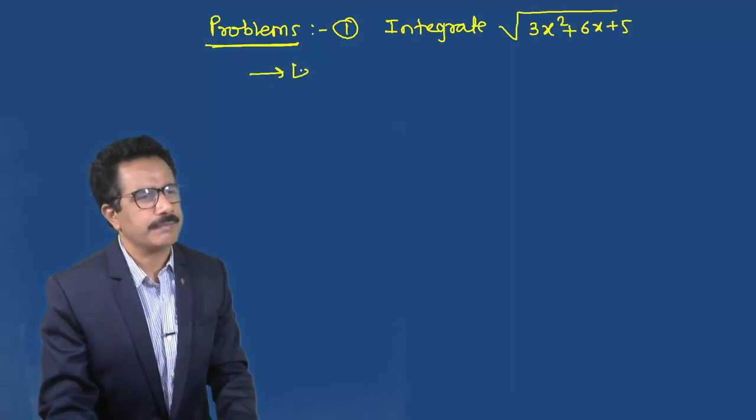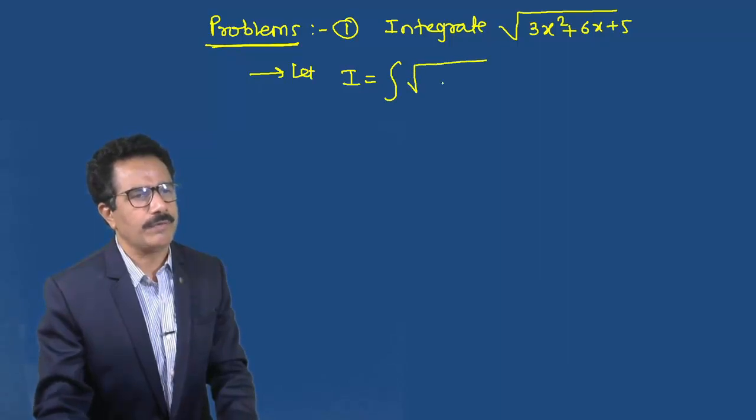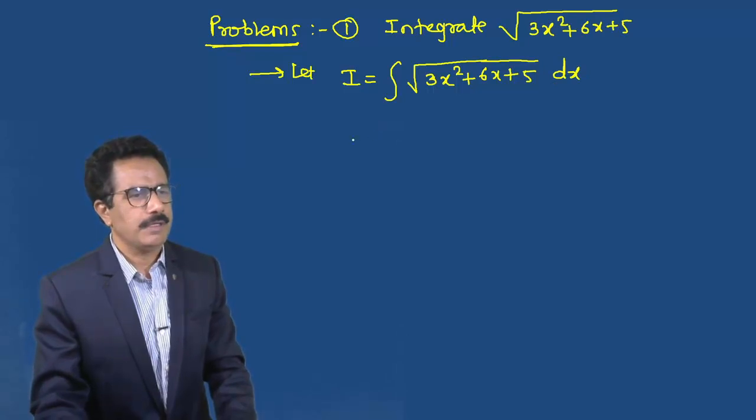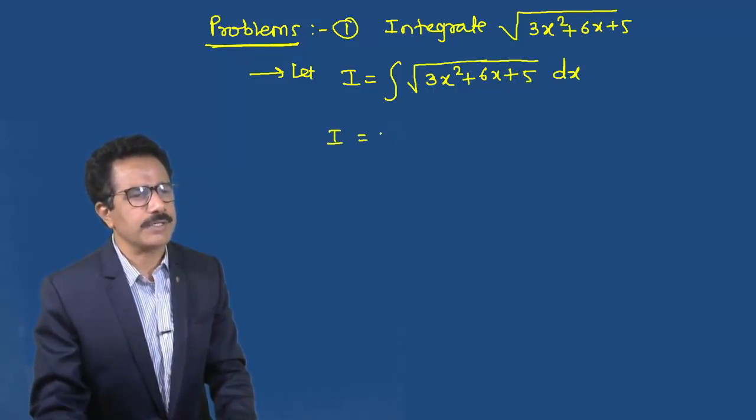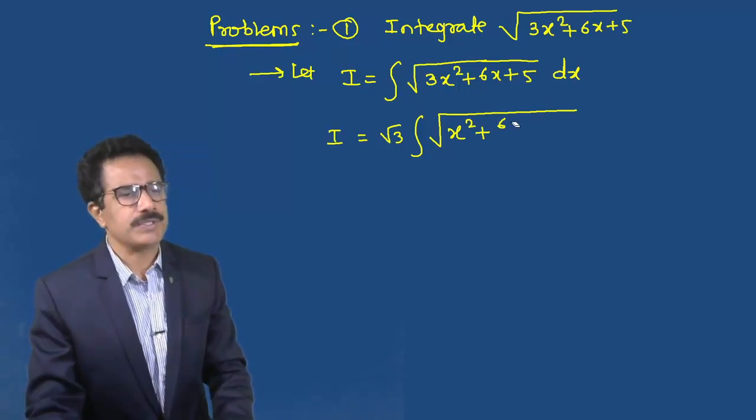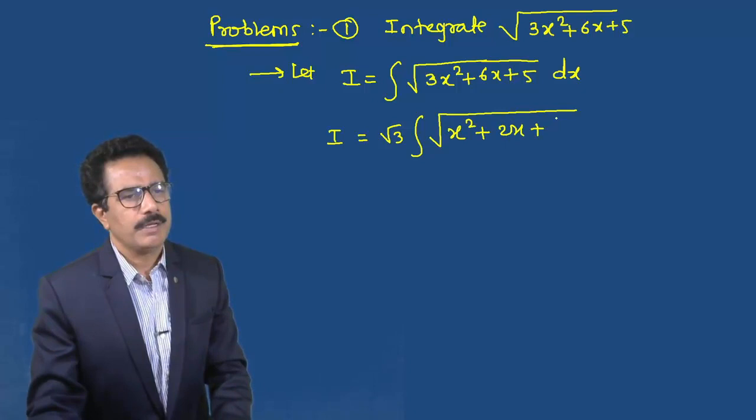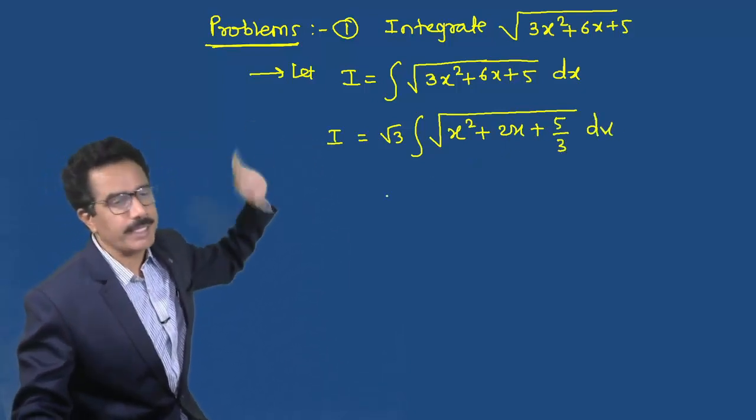See this, let I be equal to the integration of root of 3x square plus 6x plus 5 dx. So I is equal to the integration of root 3 common taken, integration of root of, we can write x square plus 6 by 3, that is 2x, plus 5 by 3 dx. That is, we have to take common a.